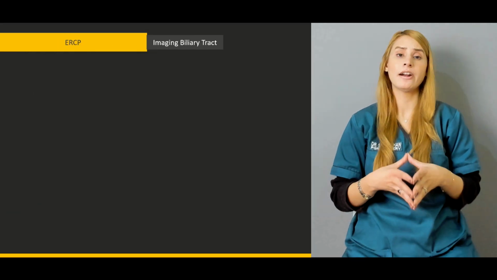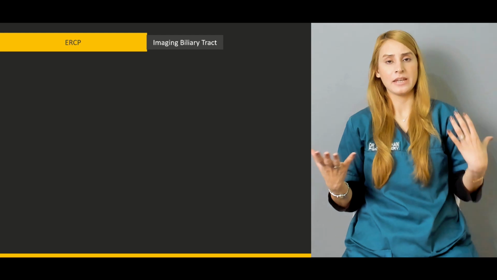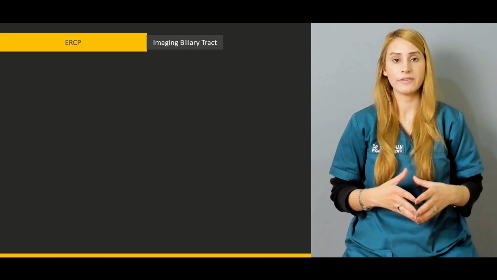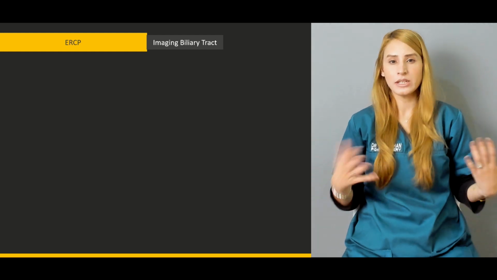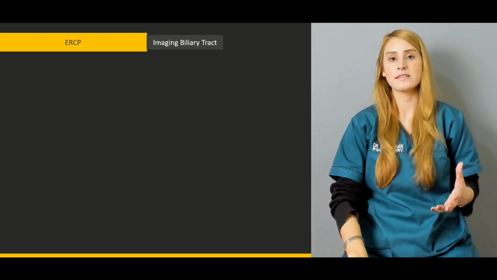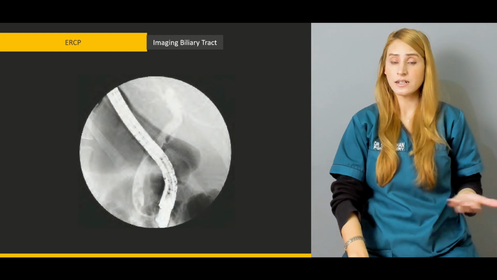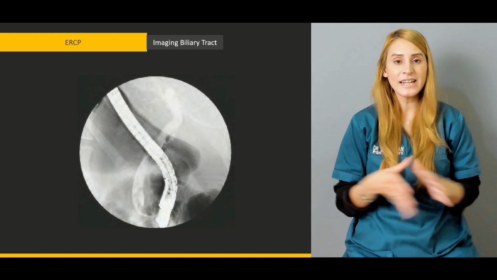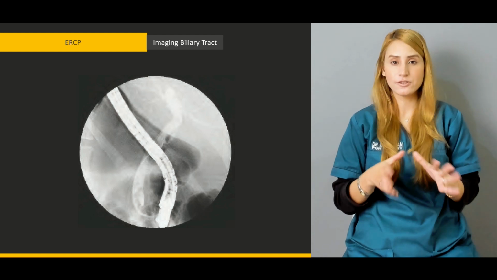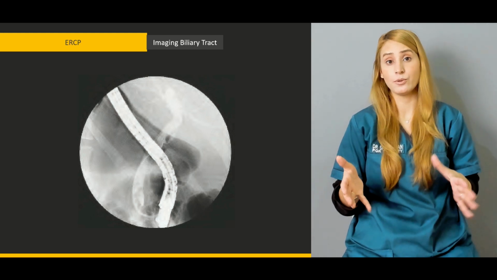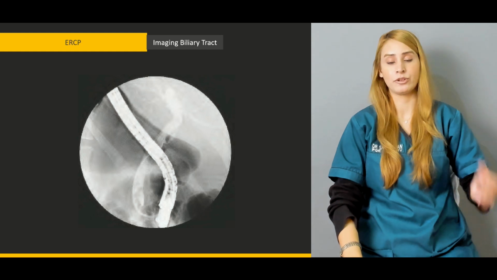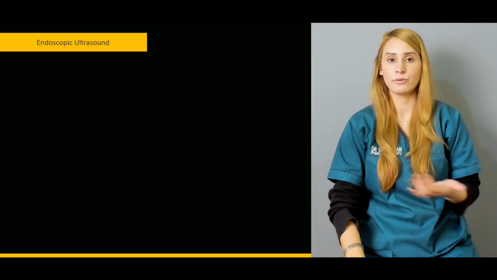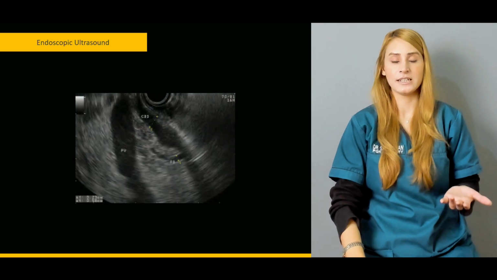Now, there is another important investigation, which is endoscopic retrograde cholangiopancreatography. This is important when you are imaging the biliary tract, because if the cause of the obstructive jaundice is somehow related to a stone, ERCP is going to tell you about the caliber and particular location of the stone, or the caliber or diameter of the CBD.